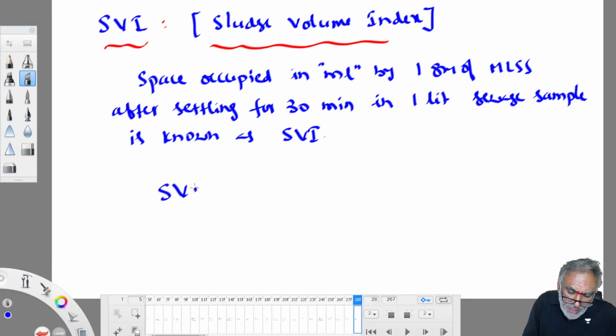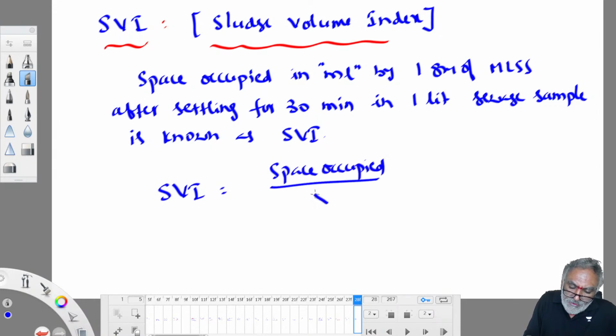Okay, we work out the sludge volume index by space occupied divided by X. X is MLSS only. Space occupied we substitute in ml, and X value we substitute in grams. So its unit is ml per gram. And one more parameter is sludge density index.